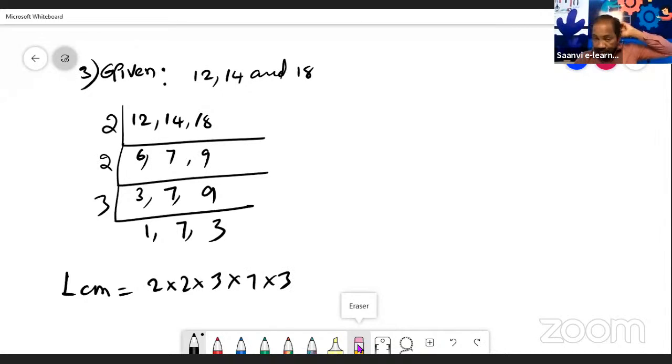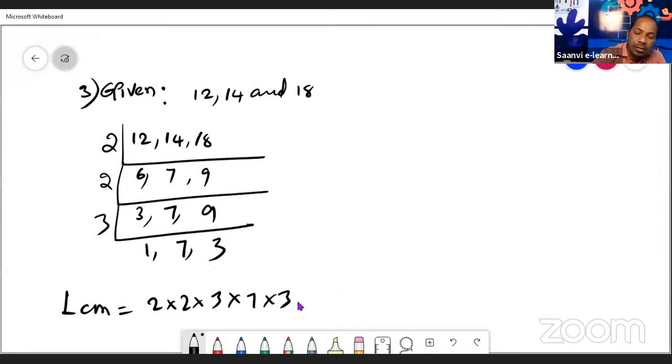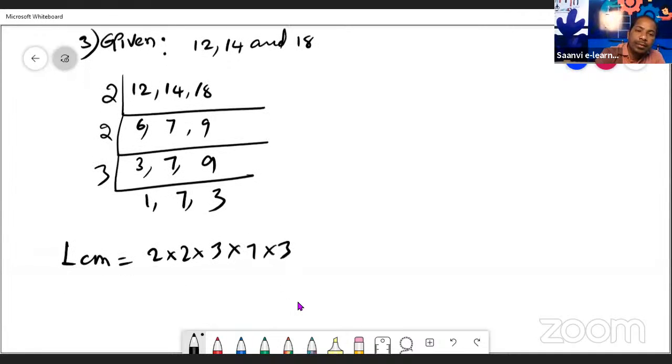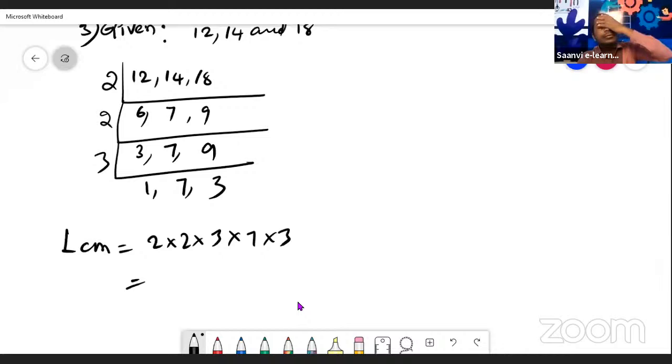Now multiply and see the answer. 2 2s are 4, 4 3s are 12, 12 3s are 36, 36 7s are 252.